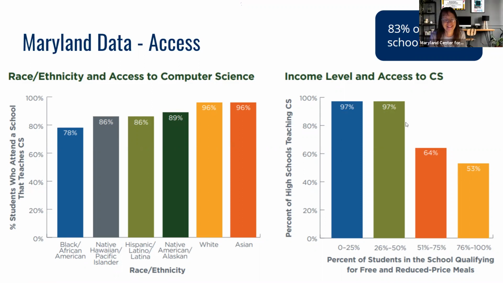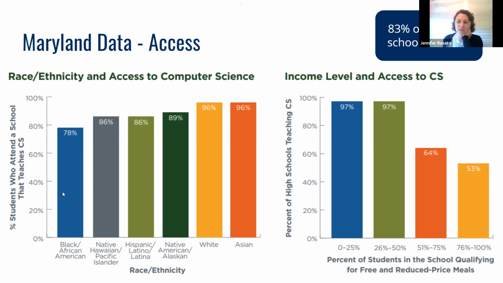So hopefully this gap right here, where schools that have over half of their students who are qualifying for free and reduced lunch, those schools had less access to computer science. Fewer of those were teaching CS courses. So it sounds like that may have hopefully risen in the last couple of years.